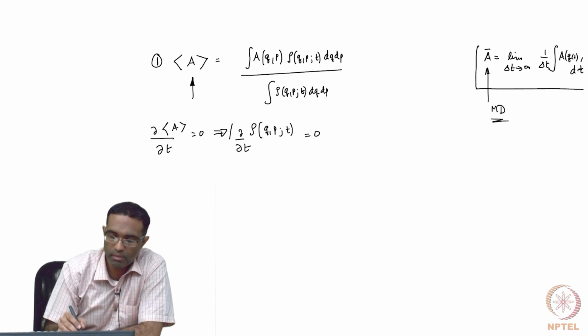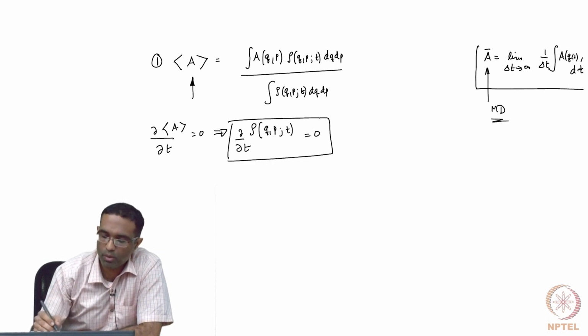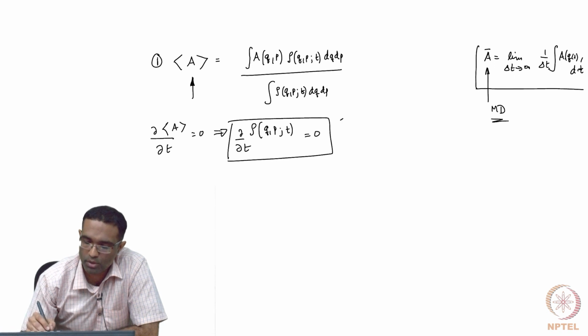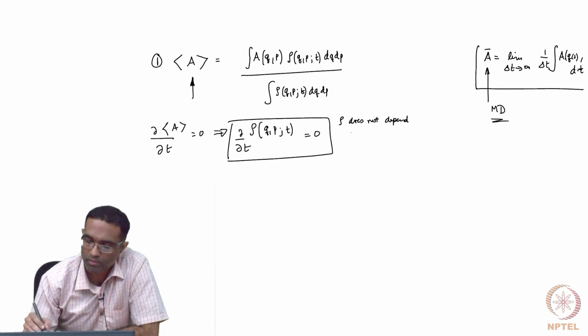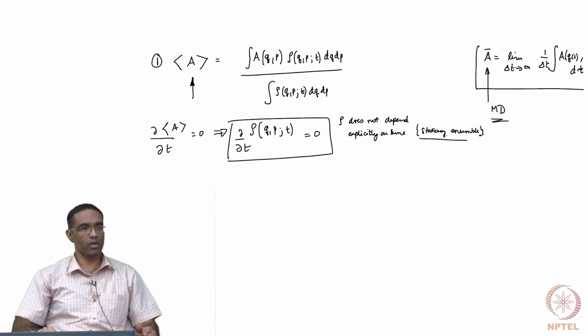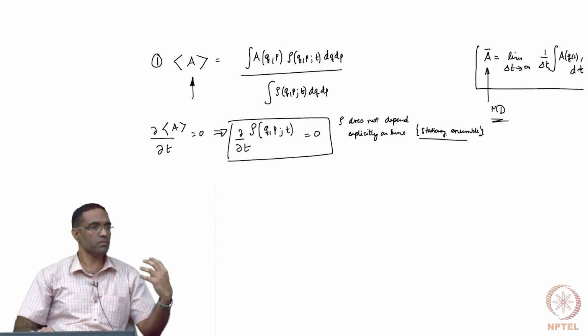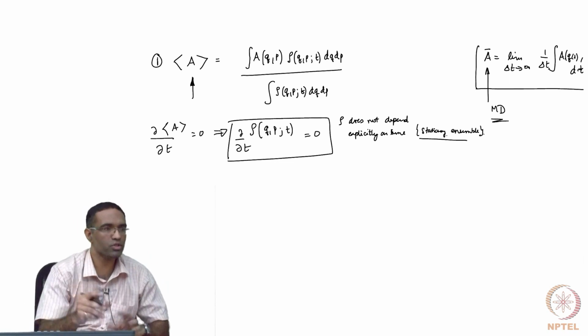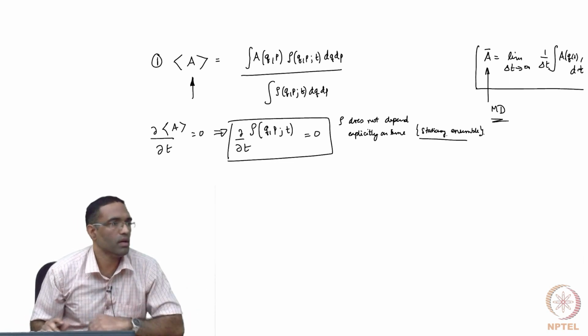Such an ensemble for which rho does not depend explicitly on time is called a stationary ensemble. A stationary ensemble is a good ensemble to depict systems which are at equilibrium, simply because this average quantity does not vary with time, which is what our observation tells us.